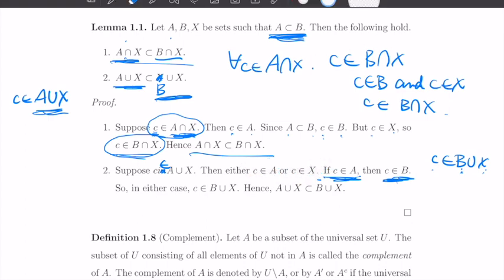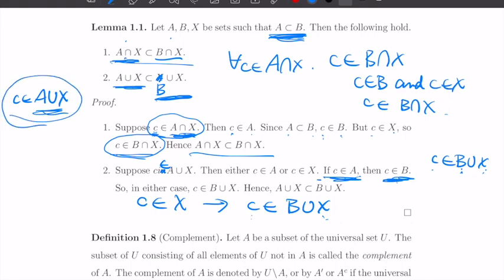So if we assume C belongs to X, then C belongs to B union X, because C belongs to X, so C must belong to this. Therefore, any element C of A union X belongs to B union X. Therefore, this is a subset of this.